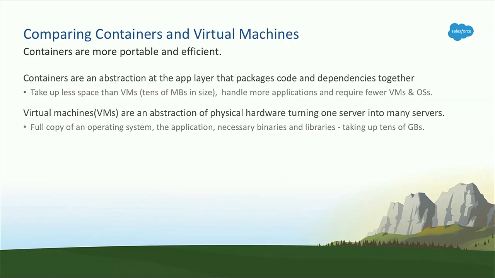So comparing containers and virtual machines, as I mentioned earlier, containers are basically an abstraction of the app layer, whereas virtual machines are an abstraction of the entire physical hardware, which makes it a larger file. You're talking about a few gigabytes, right? Whereas in the case of containers, you're talking about megabytes or lighter than that.